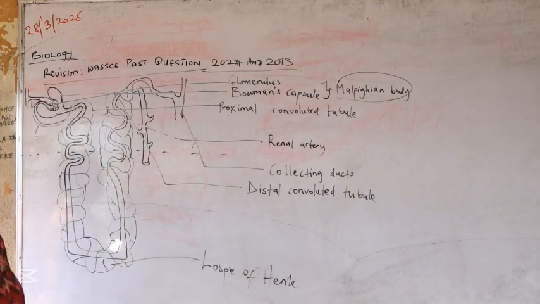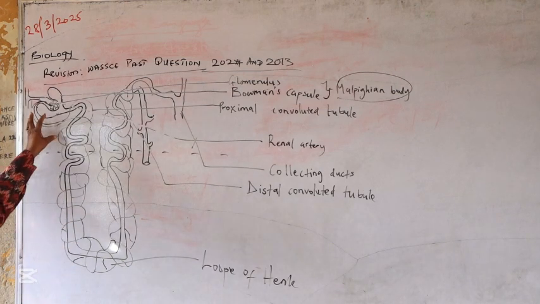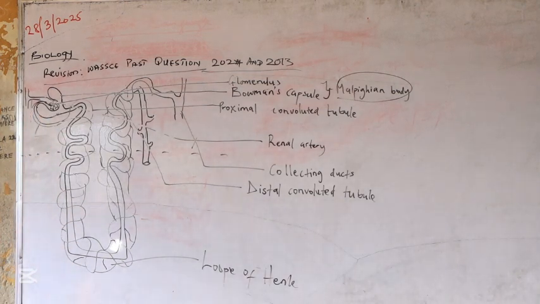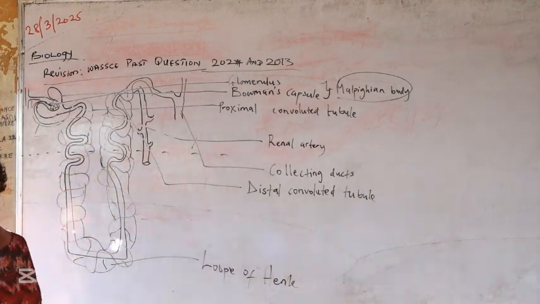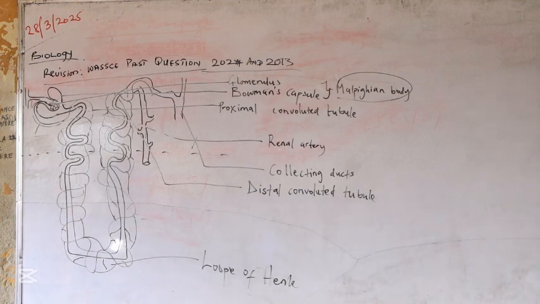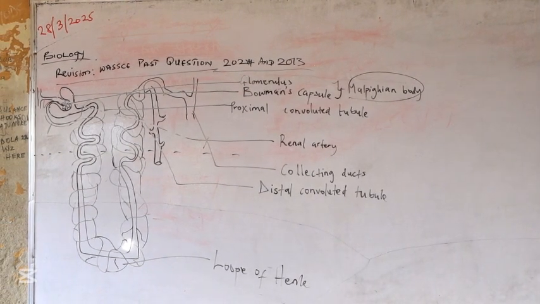So after the Bowman capsule, where ultrafiltration has been carried out, the next thing that follows is selective reabsorption. One of the parts of the urinary tubule, or the nephron, whose function you were asked to find is the proximal convoluted tubule. From the proximal convoluted tubule, selective reabsorption occurs. What do you mean by selective reabsorption?